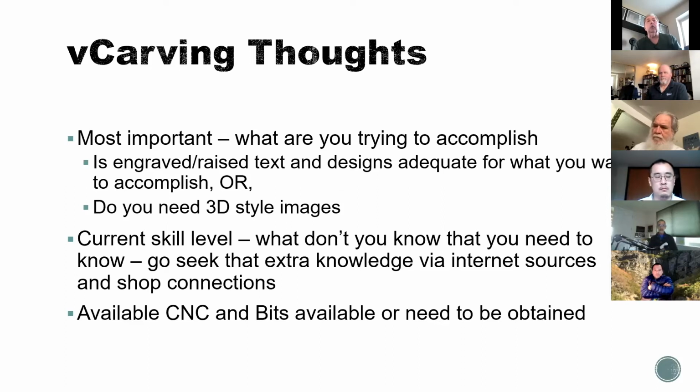The next thing when you're getting ready to do this is realize that depending on the details and information you want portrayed in your final product, you then have to inventory the available CNC capabilities and the bits that you have available, or what you might need to obtain. So when you start thinking about the design and you start learning how to put it all together, don't get frustrated. Either start to figure out how you might be able to use a different bit, or if that's not possible, how you might be able to obtain the bit in some other way over time.